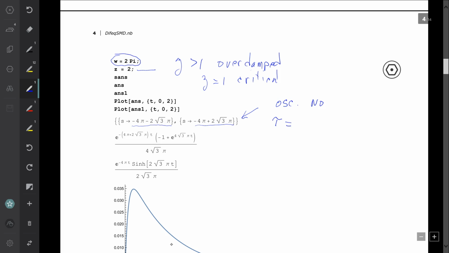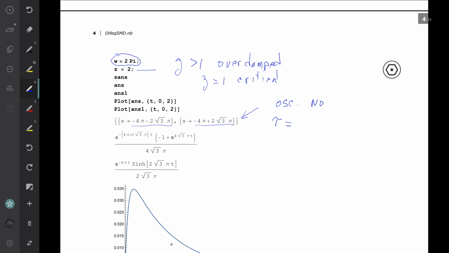It's going to be, let's see if I can find it. 4 times pi minus 2 times the square root of 3 times pi.